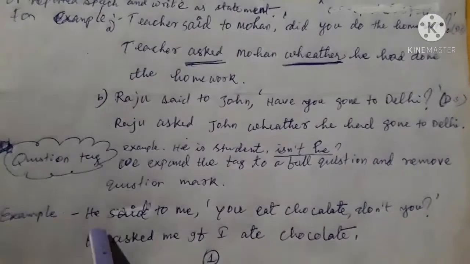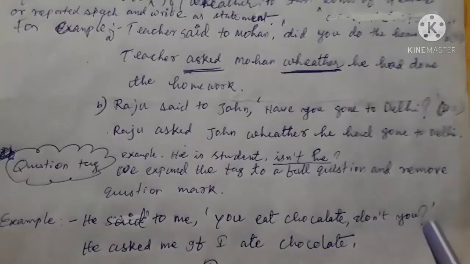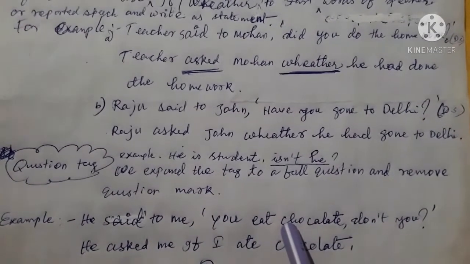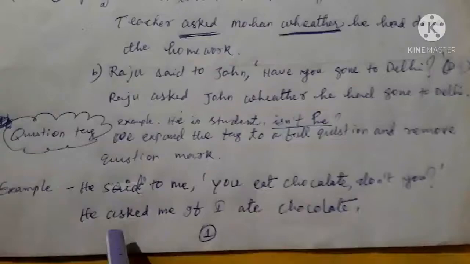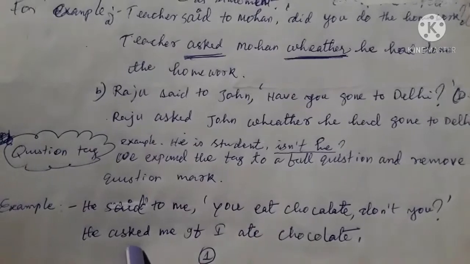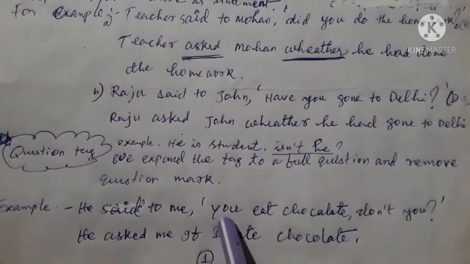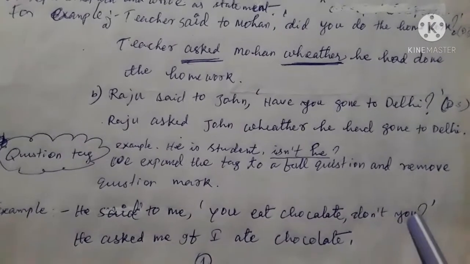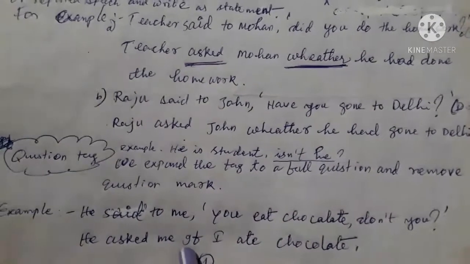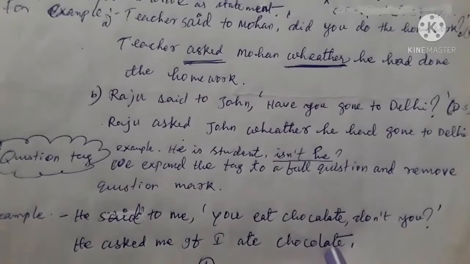See, for an example, he said to me, "You eat chocolate, don't you?" If we change this into indirect speech, the reporting verb will change to asked, as he asked me, and the reported speech will begin with the conjunction if, as if I ate chocolate.